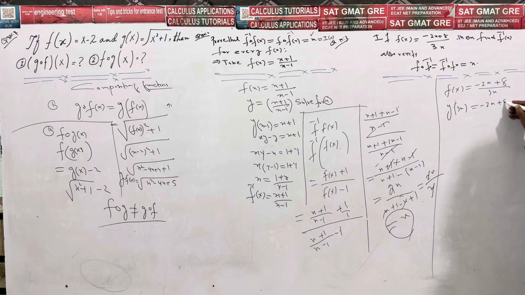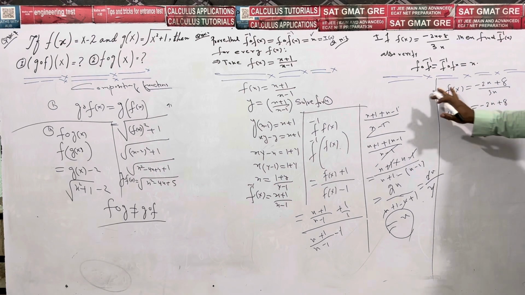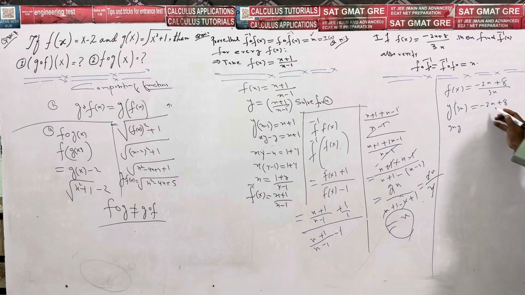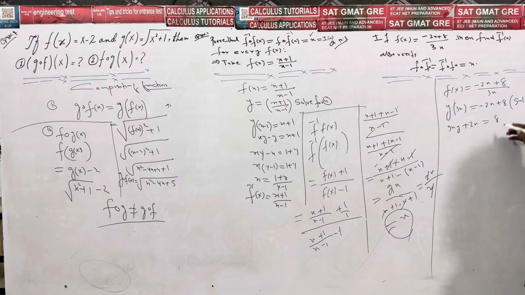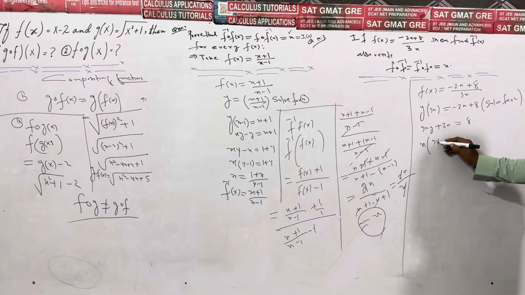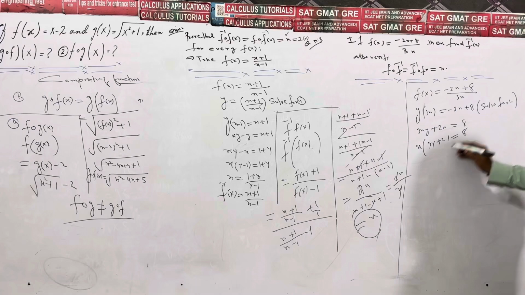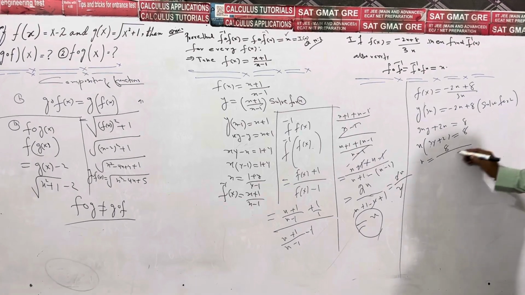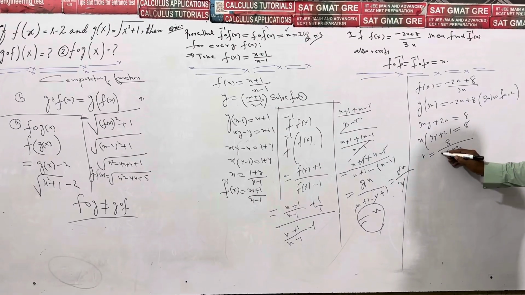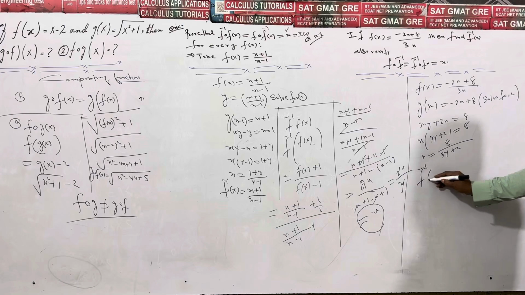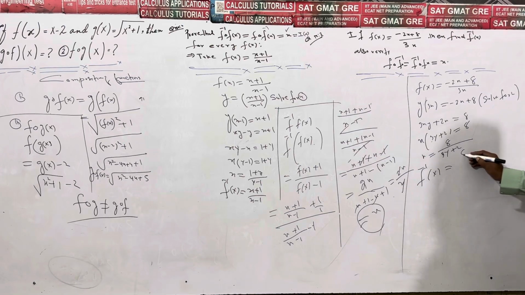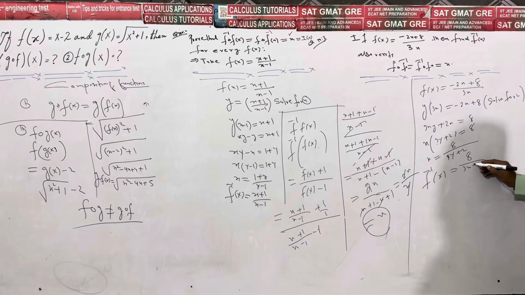Owing to the dearth of space, I am doing some steps directly. 3xy, shift 2x here, solve for x. Taking x common, x times 3y plus 2 is equal to 8, or x is equal to 8 over 3y plus 2. Switching the dummy variable y again to x, our inverse is 8 over 3x plus 2.